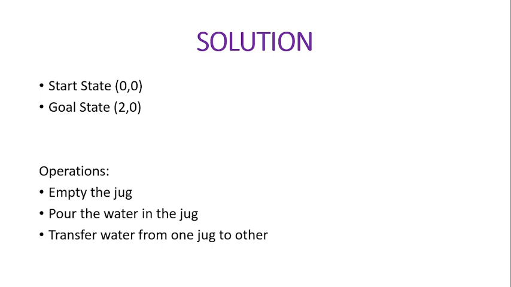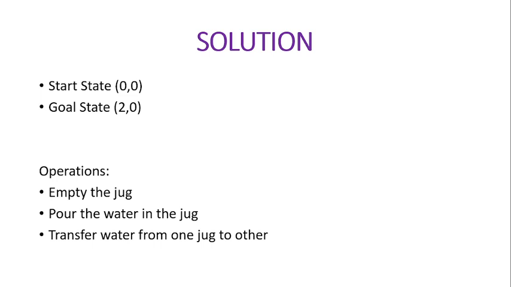Now, what are the possible operations we can do in this type of problem? We can empty the jug. That is one possible operation. Then, we have a container, as I said already, so we can pour the water into the jug. That is the second possible operation.